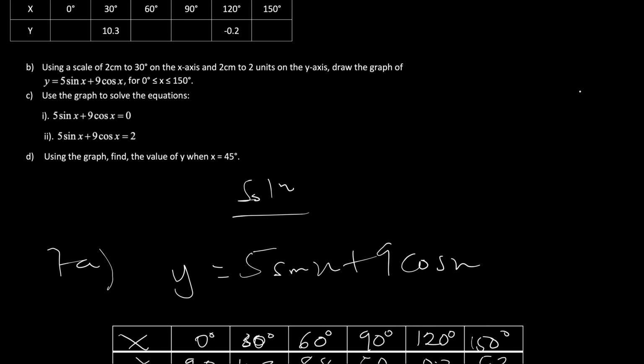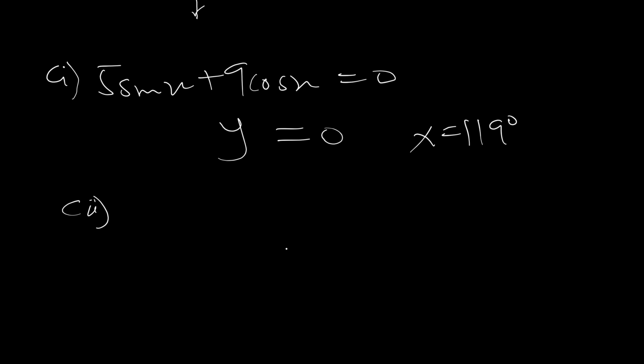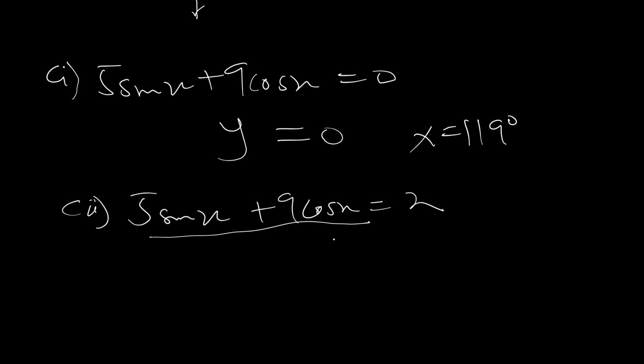Use the graph to solve 5 sin x + 9 cos x = 2. But 5 sin x + 9 cos x is y. So y is equal to 2.